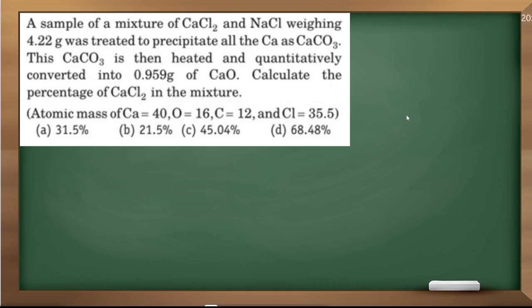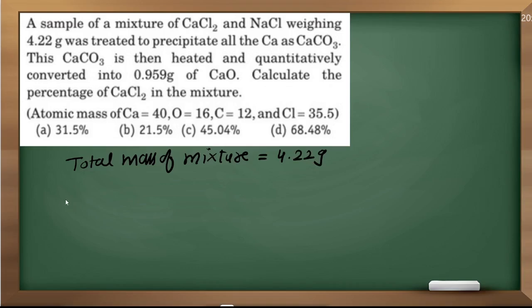So in short, we have to calculate first the mass of calcium chloride in the mixture. Total mass is given. Total mass of mixture. What is total mass of mixture? 4.22 gram.